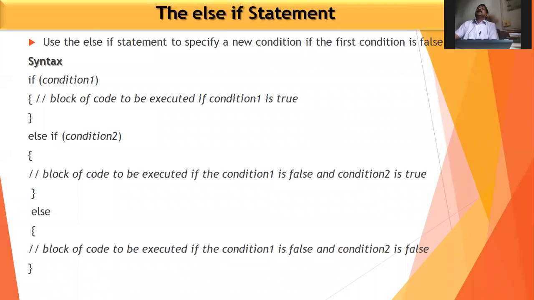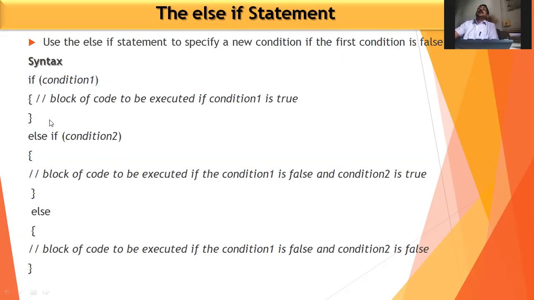The next statement is the else if statement. This is the else if statement, which is used for the nested if else. Use the else if statement to specify a new condition if the first condition is false. For example, here we have written the syntax: if condition 1 is true, the block of code is executed if the condition is true.